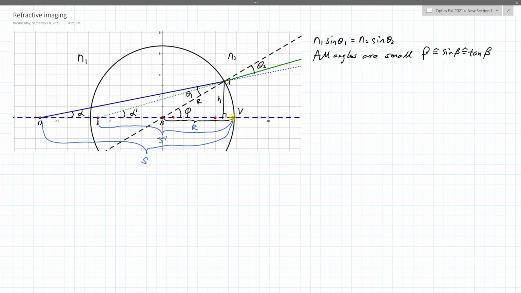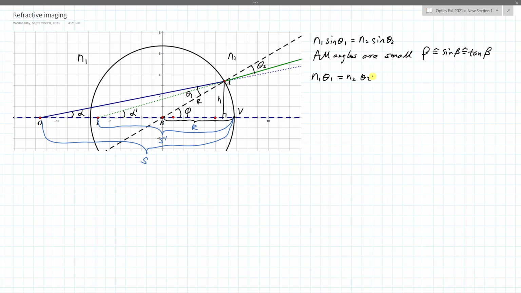Okay, so now we have these definitions, we can start finding relationships based on the law of refraction. So first, let's use a small angle approximation. So now we have theta 1, and here we have theta 2.